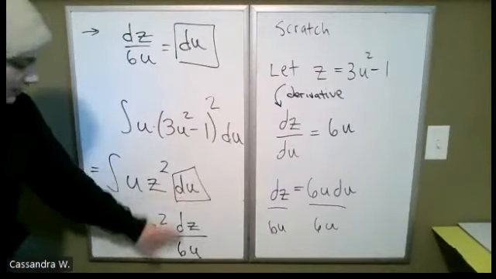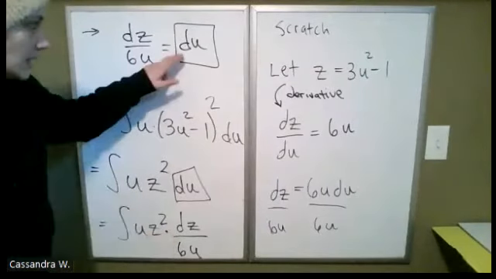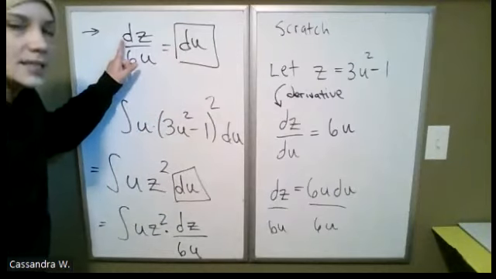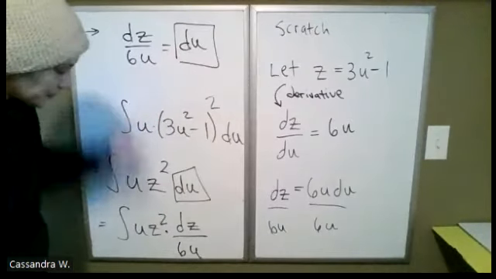So from here to here, take this du and replace it with the dz over 6u.